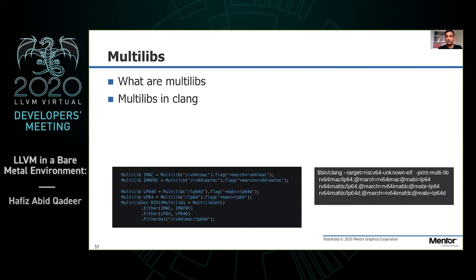First is the name of the folder where the libraries will go. And on the right side, you provide a switch that will enable that specific multilib. The plus sign means that when this switch is given, you should enable this multilib. You can also give a negative sign that will work the opposite way.